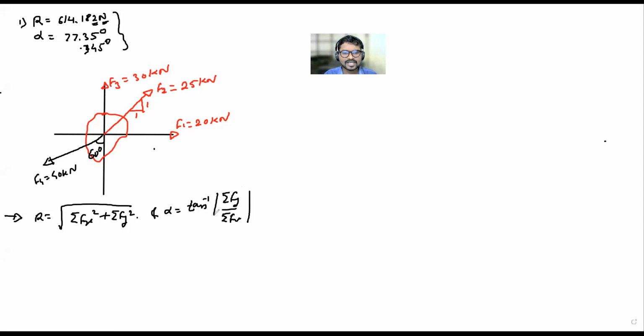It means that we will require to have the summation Fy and summation Fx.